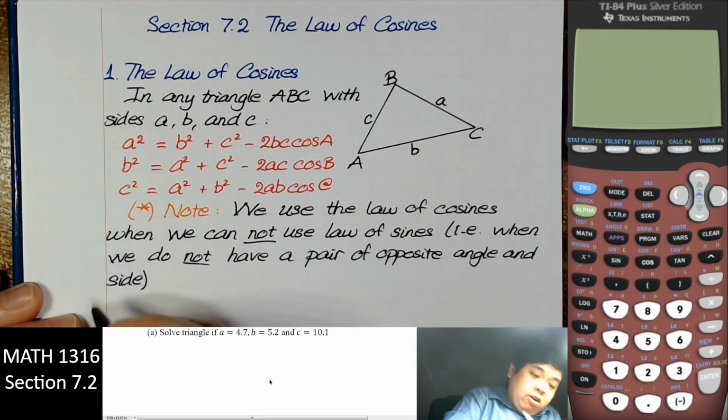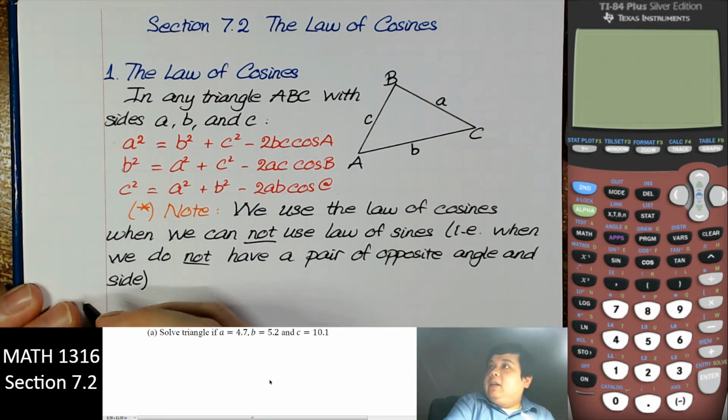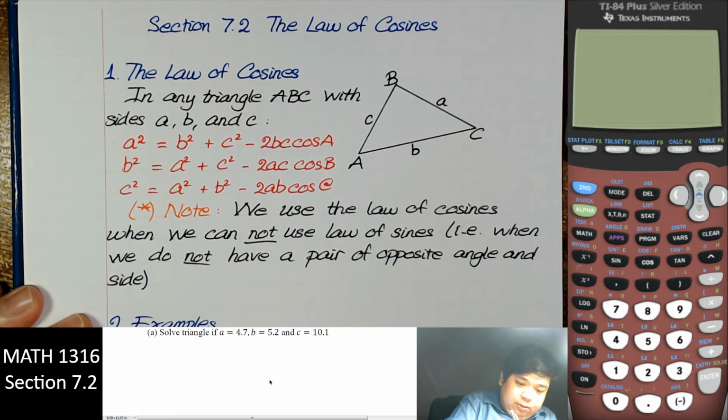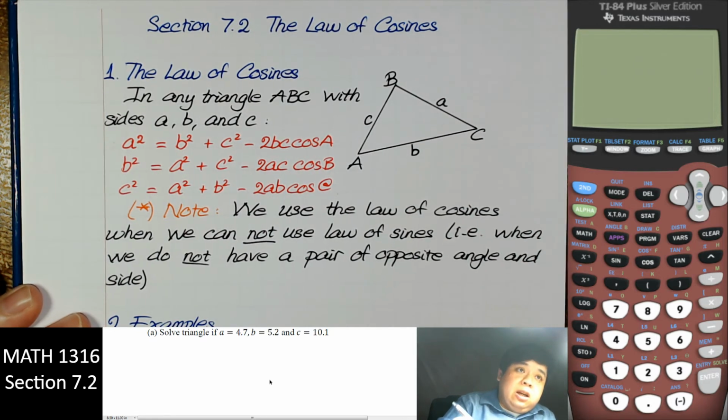Right, let's look at the first example. So triangle, if little a is 4.7, little b is 5.2, and little c is 10.1.